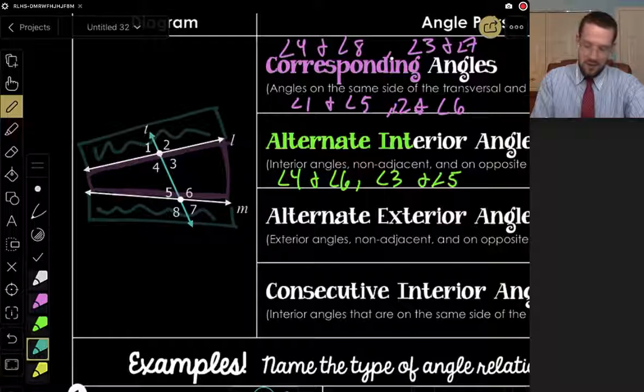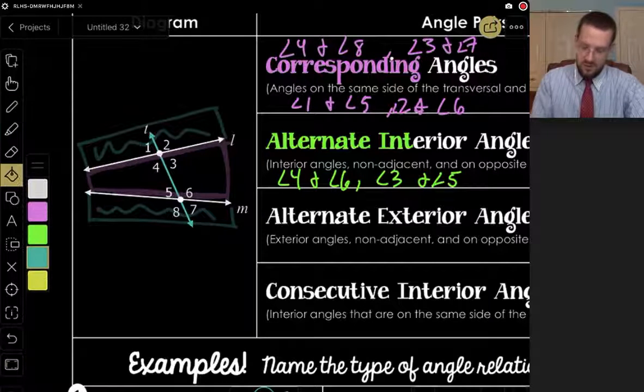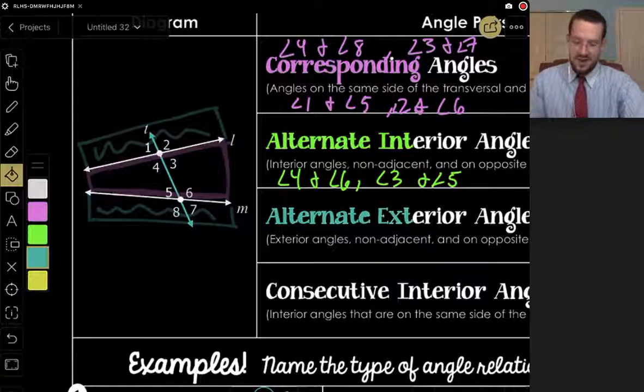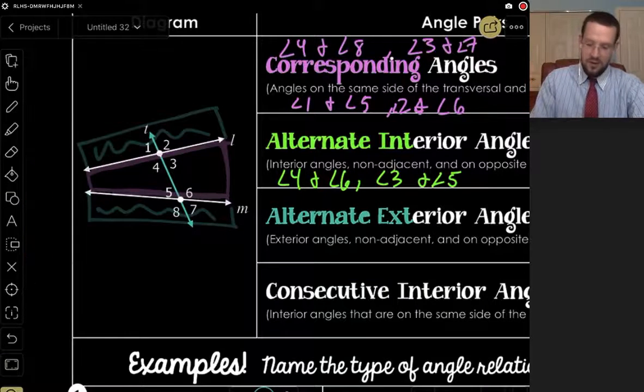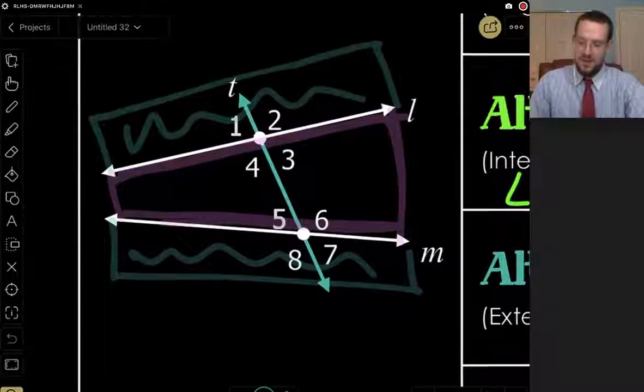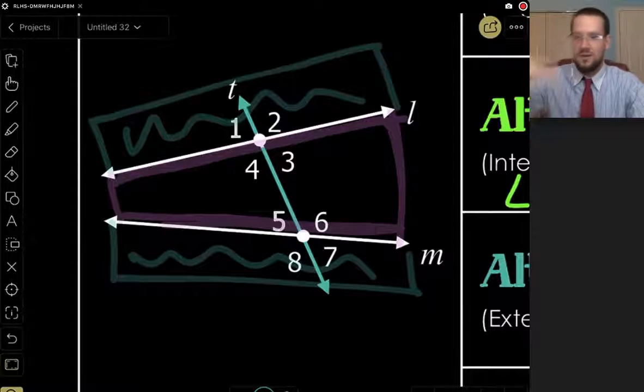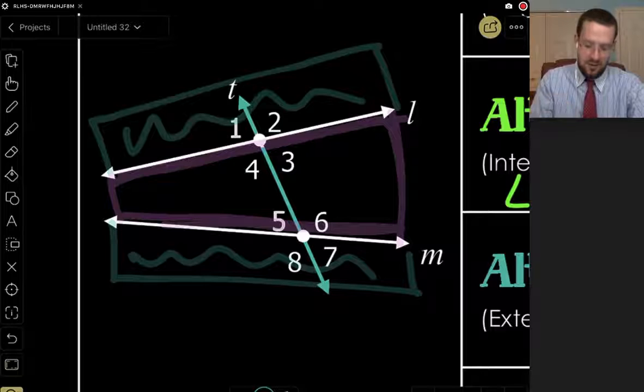Now we want to look at alternating exterior. Very similar, right? These are exterior angles that are non-adjacent and are opposite, so they're across from each other. See, there's alternating exterior. If we look at our meatloaf and cotton candy sandwich, this is on the meatloaf part. This is on the outside of our sandwich.